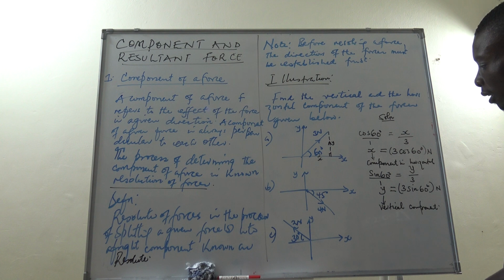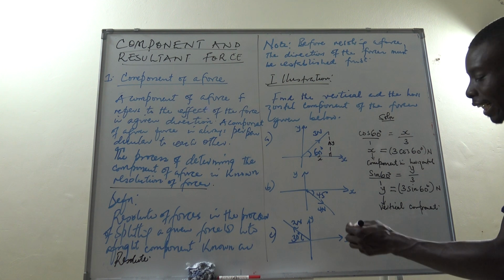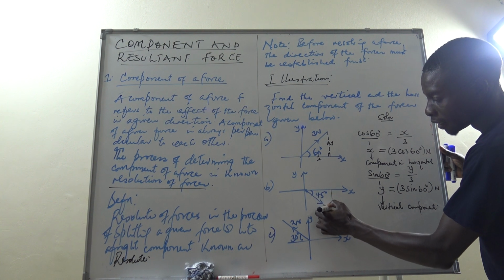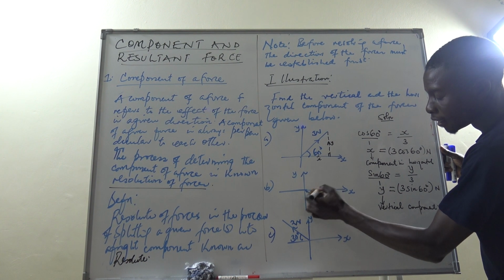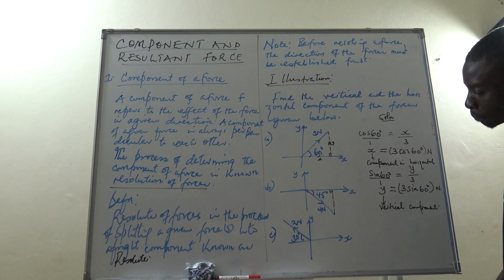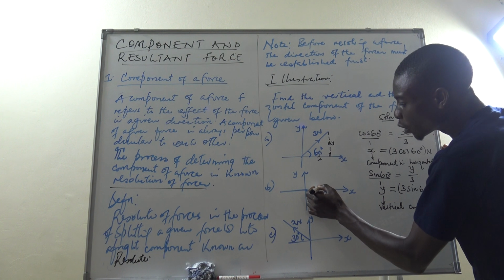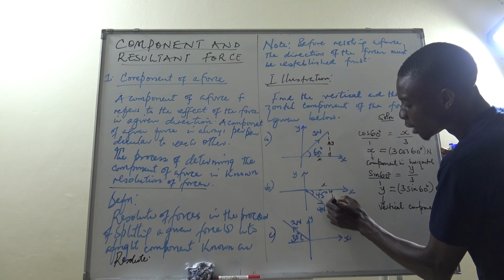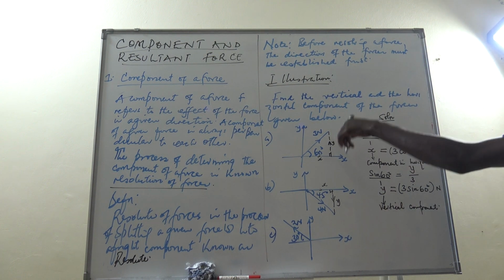Now, let's look at this part here, and then you'll try this other last one. How do we get the component of this one here? You realize that horizontally here I can say this is x, and vertically downward here this is y, isn't it? But going down.